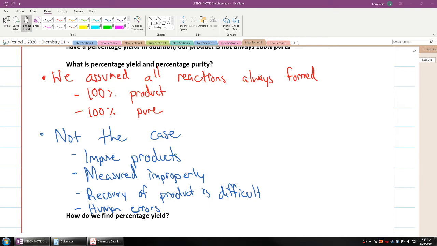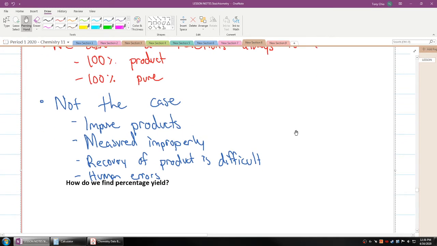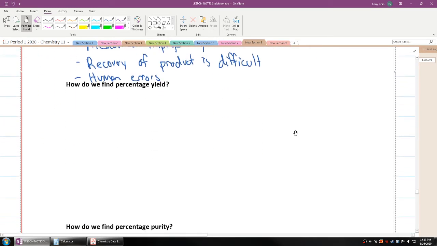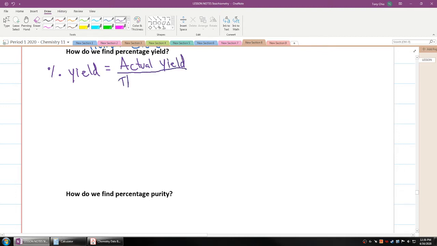So how do we find percentage yield or percentage purity? Well, the big thing is they're actually calculated the same way. First of all, they both have a formula. Percentage yield is calculated as the actual yield over your theoretical yield.